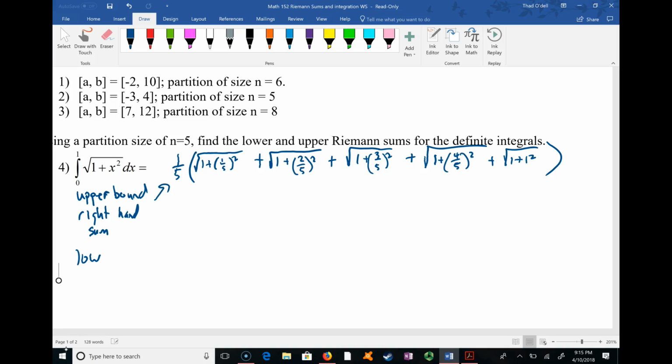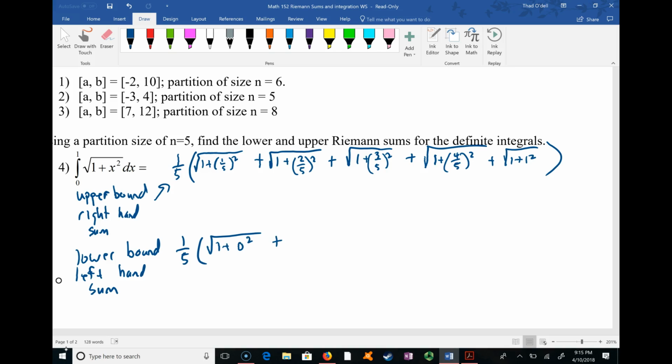The lower bound, in this case, is going to be a left-hand sum. So that would be, again, 1/5. The partition size doesn't change at all. And this is going to be just like the top, except I'm going to start with the square root of 1 plus 0 squared.